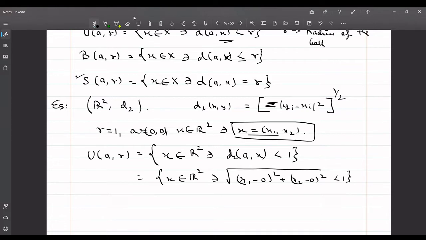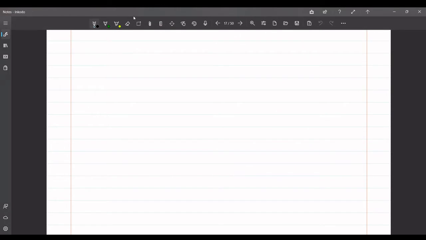But this is basically the region denoted by a circle whose radius is 1. The region inside a circle whose radius is 1 and center is the origin.